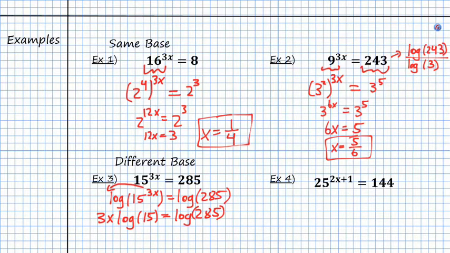All right, and I want to isolate x now, right? X is being multiplied by log 15 and 3, so I'm going to say that x is equal to log of 285 divided by 3 times the log of 15. And I would go ahead and put this in your calculator and get out an approximate answer.